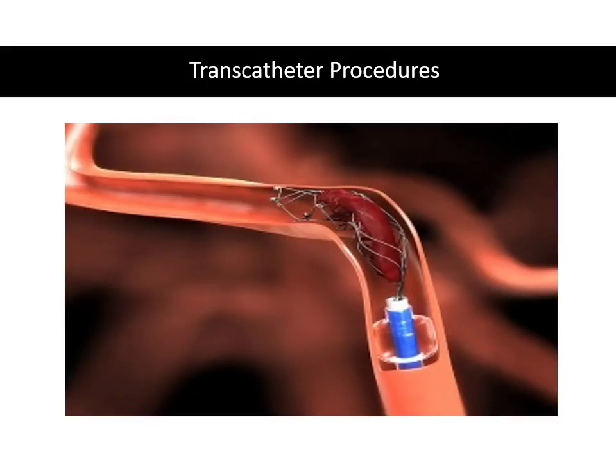Next up, over on page 277 for transcatheter procedures, here we have what is known as a surgical thrombectomy procedure. So a surgical thrombectomy is a surgery to remove a blood clot from inside an artery or a vein.